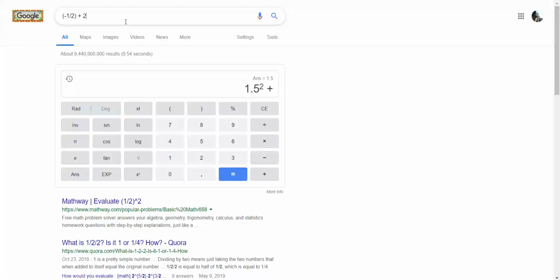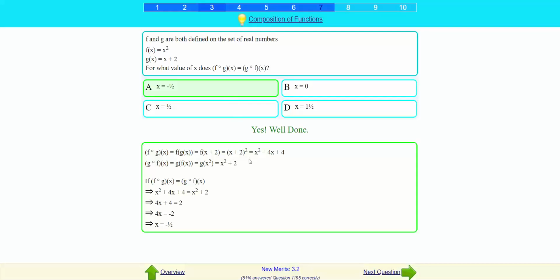Okay. It's 2.25. This would equal 2.25. I think, yeah. So it's negative that works. It's negative half.